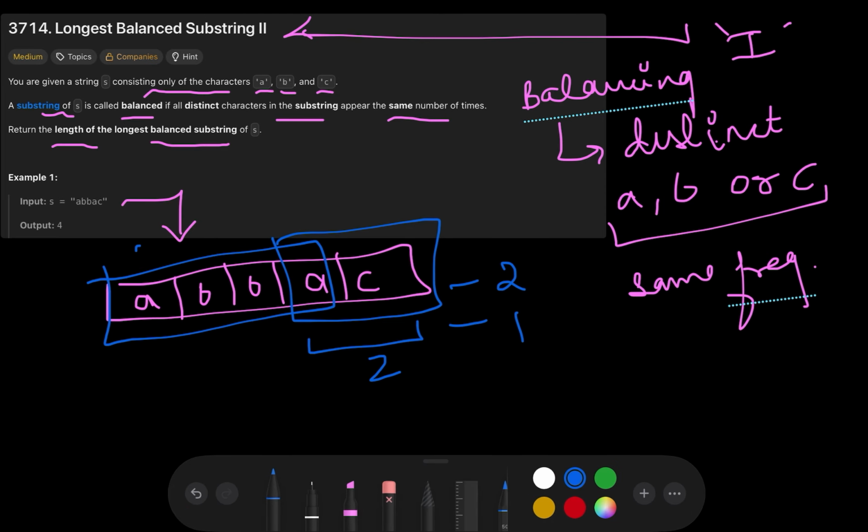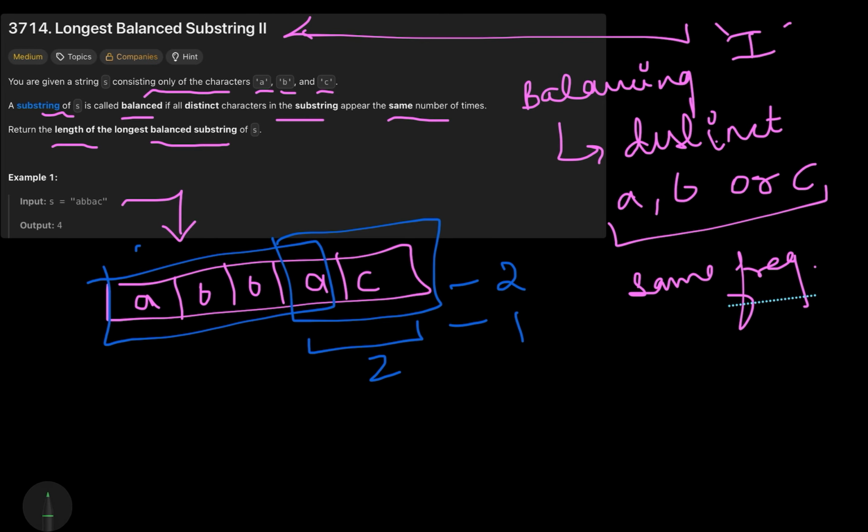If we see this one, the length would be 4, and here the distinct letters are 2 and the frequency of all the characters is the same, that is 2. So here the longest balanced substring would be 4.